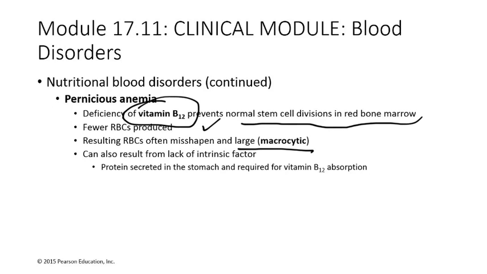And another reason that this can happen, pernicious anemia, is from a lack of intrinsic factor. Intrinsic factor is a protein made in the stomach and is necessary for absorbing B12 into the bloodstream from the diet. People who have had gastric bypass and whose stomach has been reduced in size oftentimes don't have enough intrinsic factor, and therefore are vitamin B12 deficient and must be on supplements.